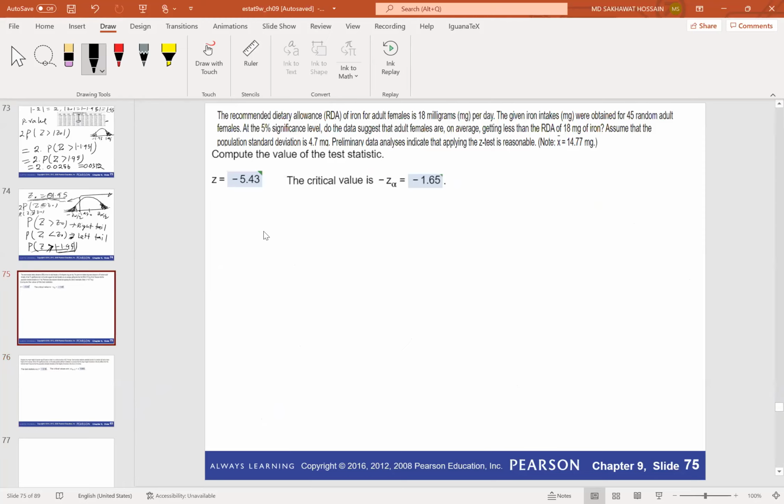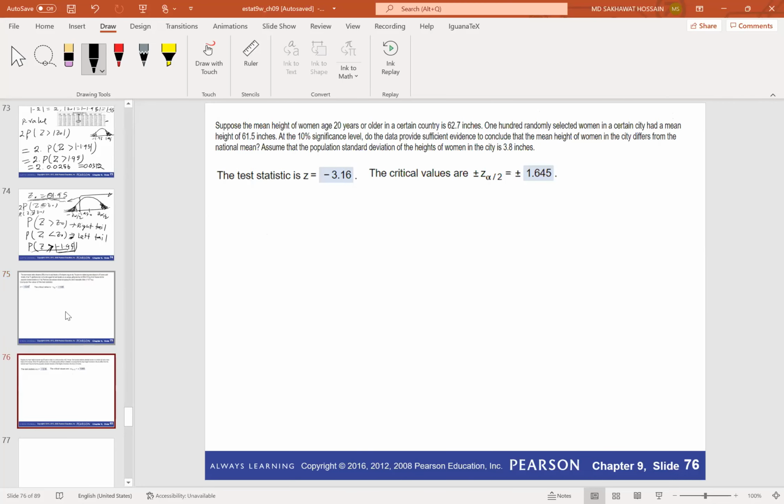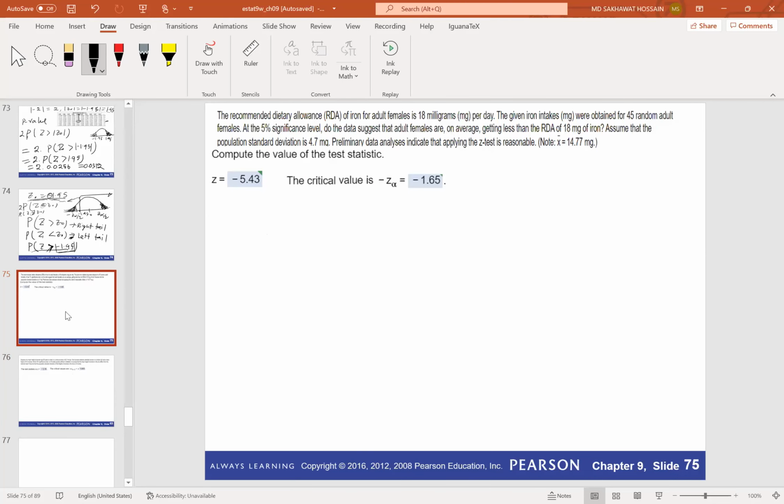Okay, so we have two more examples, but I'll just go over one example from here. This one is a left tail test. So let's go over this one. The recommended dietary allowance, RDA, of iron for adult females is 18 milligrams per day. The given iron intakes were obtained for 45 random adult females.